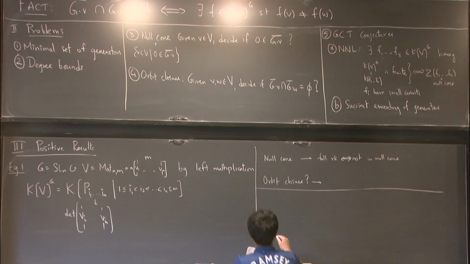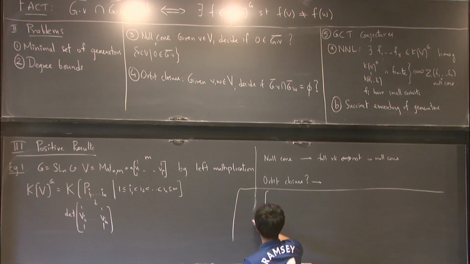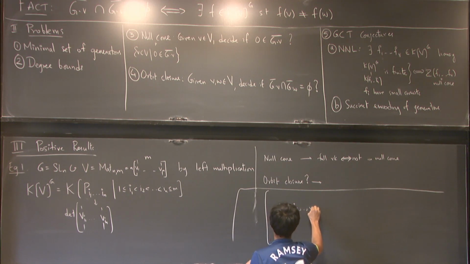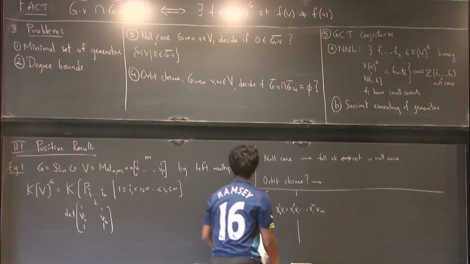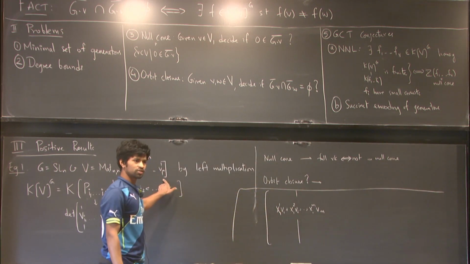I'm going to take these extra variables called x_ij, and create an n by n matrix. The first column of that matrix is going to look like x11 v1 plus x12 v2 plus ... plus x1m vm. So I take a formal linear combination of these columns.